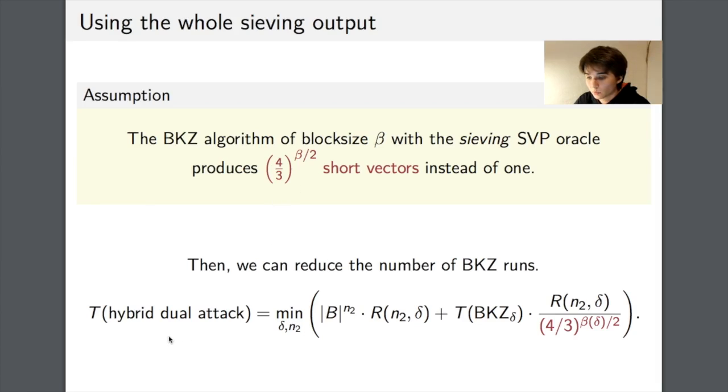Using the whole output of the sieving algorithm, we can decrease the number of times we need to run the lattice reduction. Then the complexity of the hybrid attack can be re-estimated using the following formula. Here we just divide the number of runs of lattice reduction by the presumable size of the sieving output.